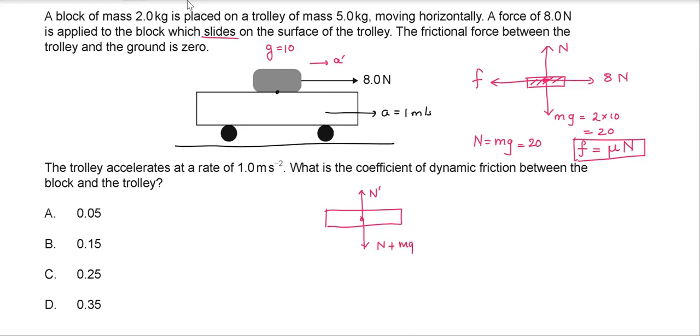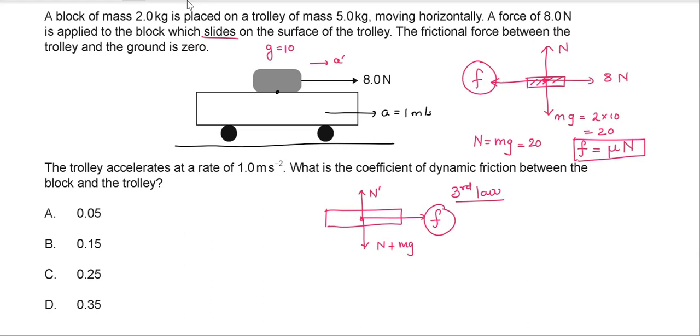But the vertical forces will be balanced, and there will be a horizontal force, which is the same friction force. Why is it the same? Because of Newton's third law. If the trolley applies a friction force on the block, the block also applies an equal and opposite friction force on the trolley.